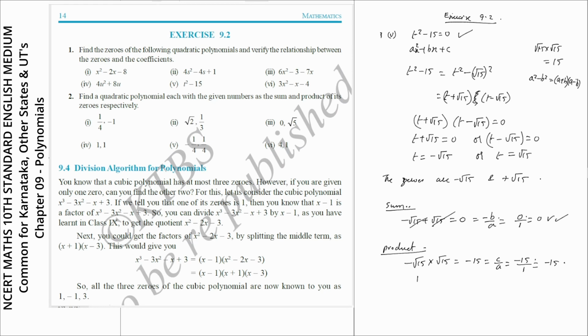So this one, if we plot it on a graph, if we take x-axis as t, and if we plot it, the graph will be like this. The polynomial will intersect the t-axis at minus root 15 and plus root of 15.